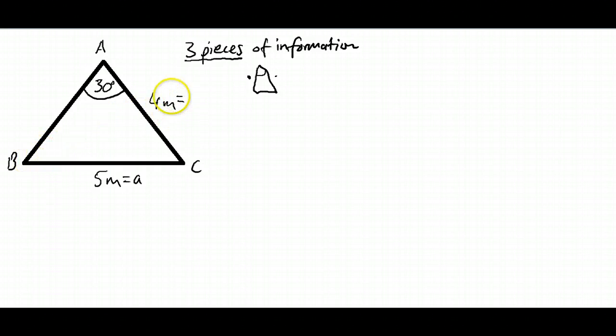So since this angle's B, this side has to be small b, and since this angle is C, this side has to be small c, and this angle's A, so this side has to be small a. So we've got to make sure that the letters are opposite each other.